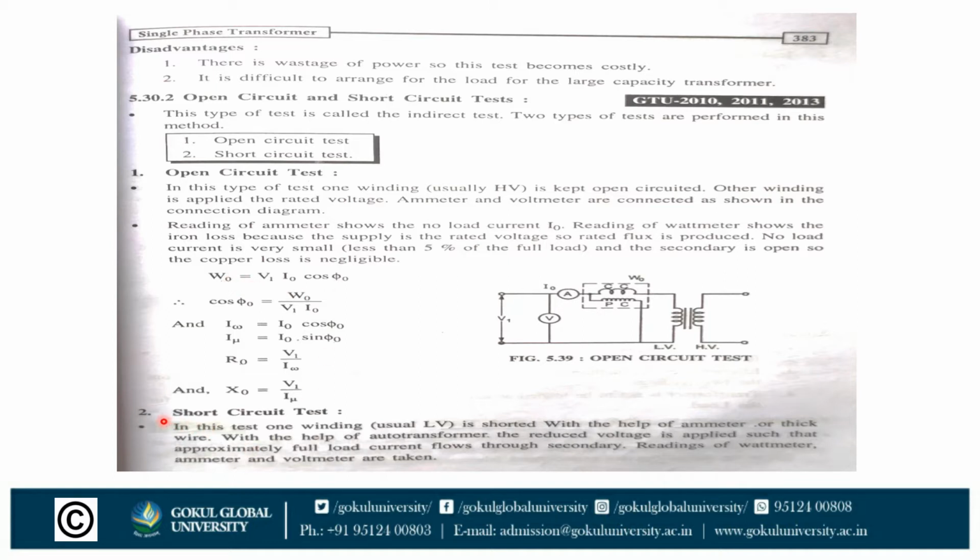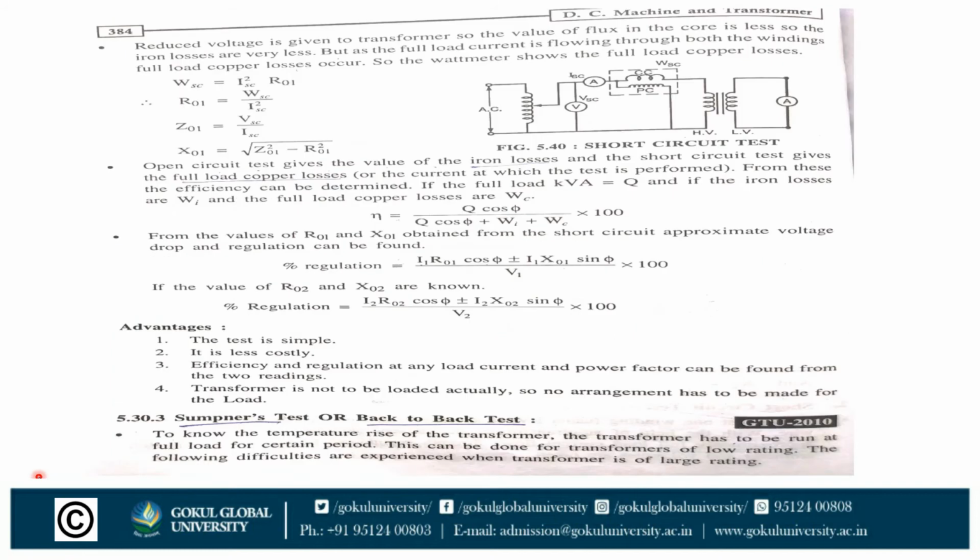Now second test is short circuit test. In this test, one winding, usually LV, the low voltage side, is shorted with the help of ammeter or thick wire. With the help of auto transformer, the reduced voltage is applied such that approximately full load current goes through the secondary. Now readings of wattmeter, ammeter and voltmeter are taken in this test.